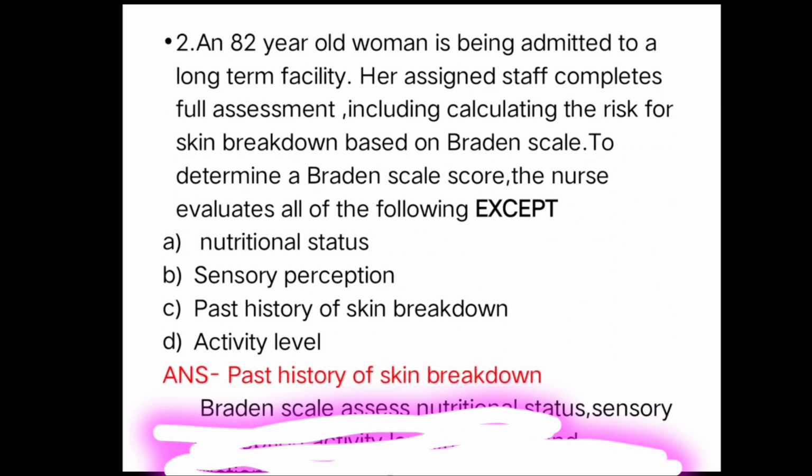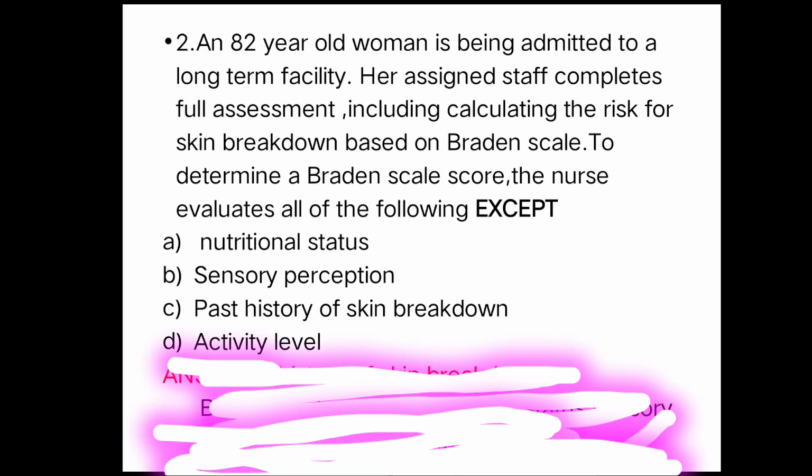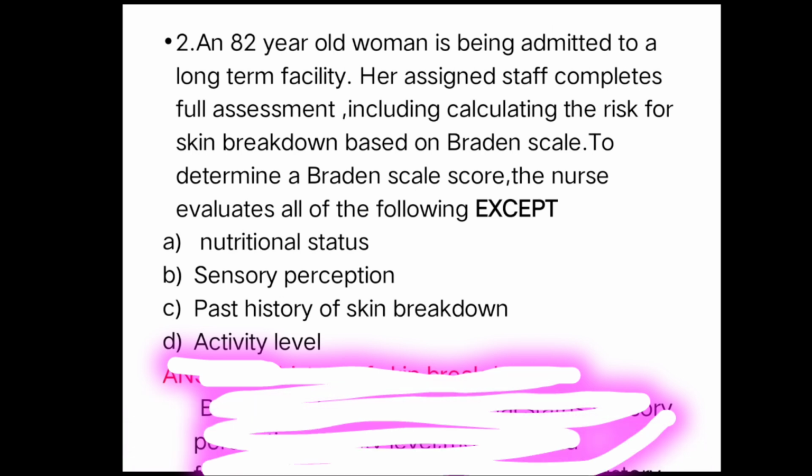Next we will move on to the second question. An 82-year-old woman is being admitted to a long-term facility. Her assigned staff completes a full assessment, including calculating the risk for skin breakdown based on the Braden scale.